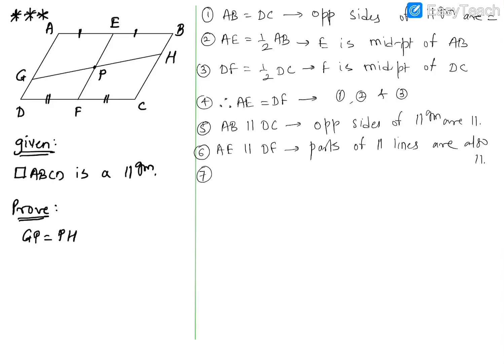Now what have we proved? We have proved that the opposite sides AE and DF are equal. We have also proved that these 2 lines are parallel. So what can we say now? That this whole quadrilateral here, therefore quadrilateral AEFD is a parallelogram.